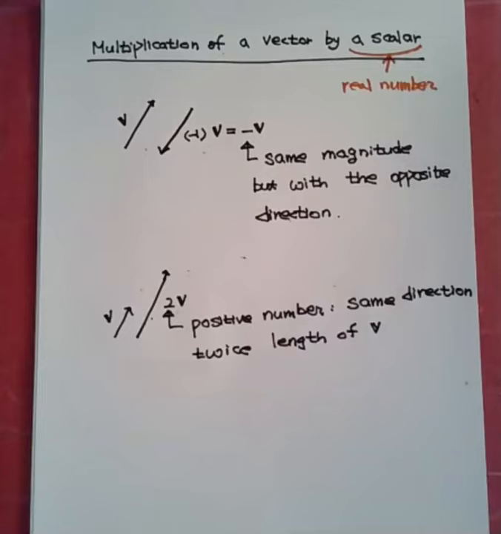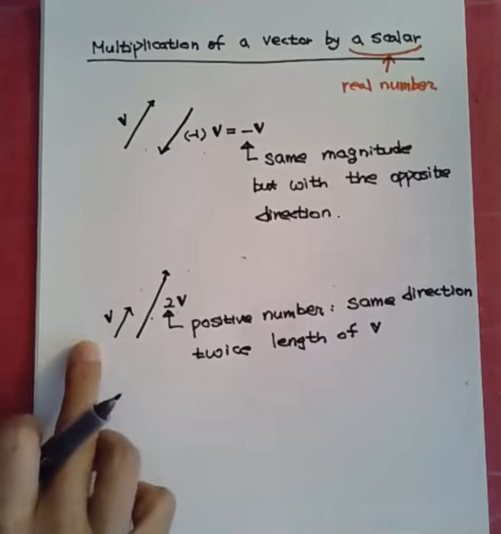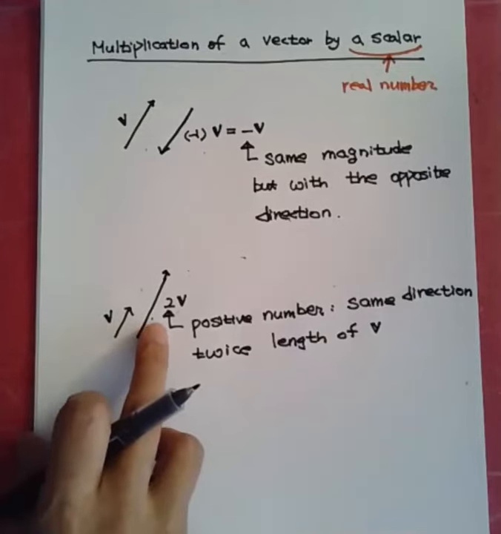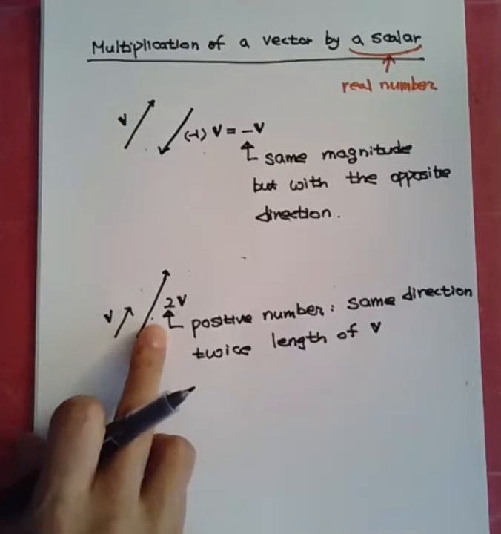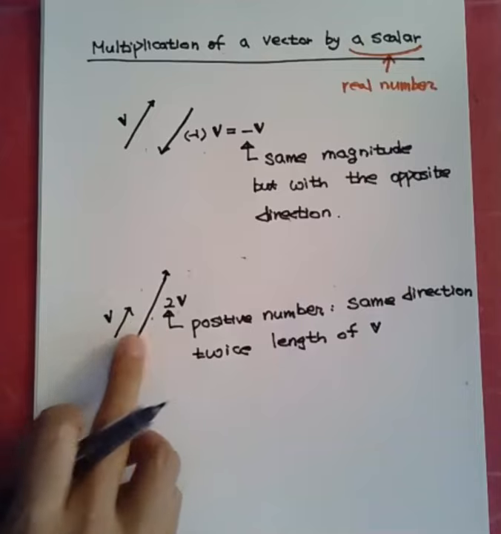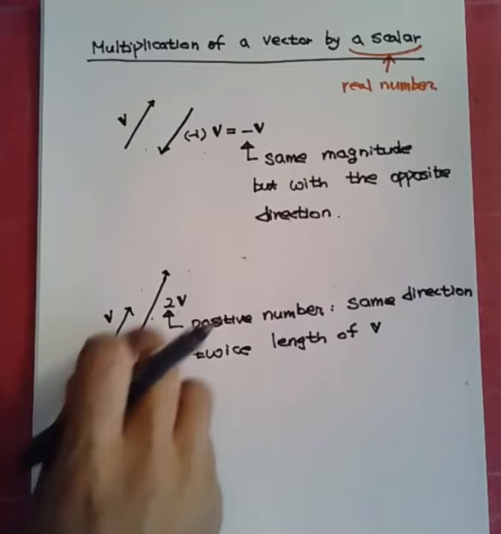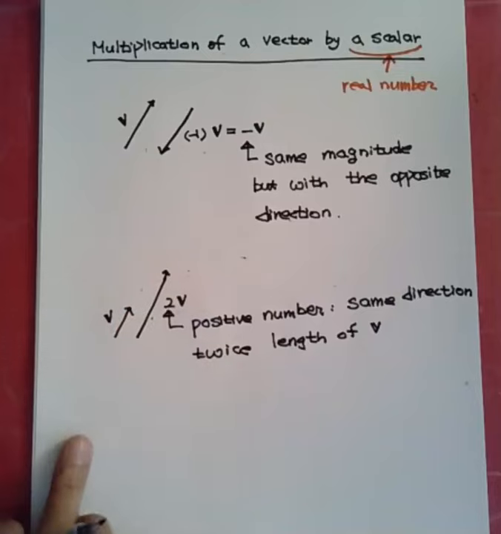Let's suppose that we multiply by 2 to the given vector. Then that vector will be twice bigger than the original vector, but it doesn't change the direction. So that is the vector with the same direction and twice the length.